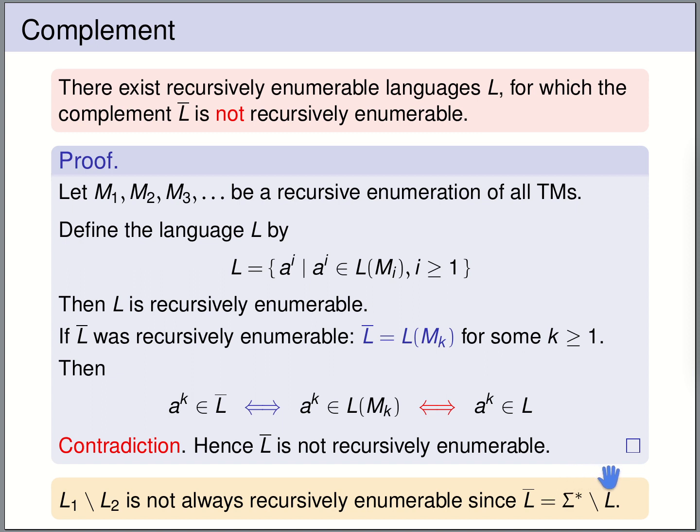So if the difference would preserve recursively enumerable languages, then also the complement would. But we have shown the complement does not always preserve recursive enumerability. So the difference also does not preserve recursively enumerable languages.